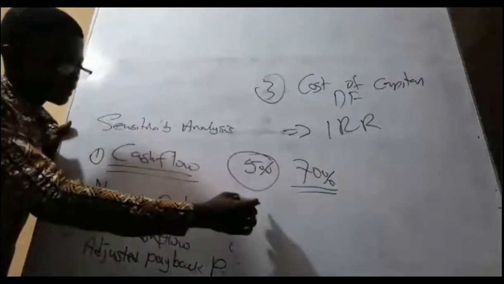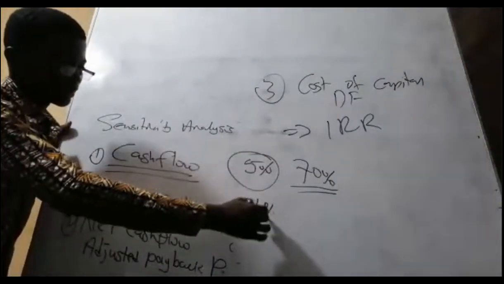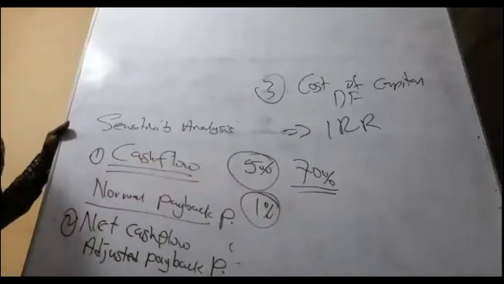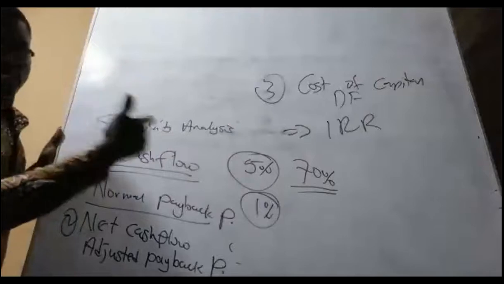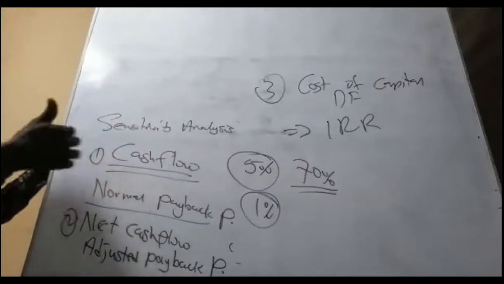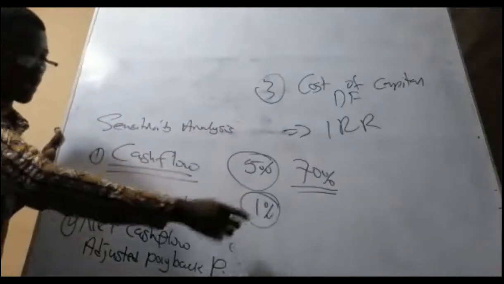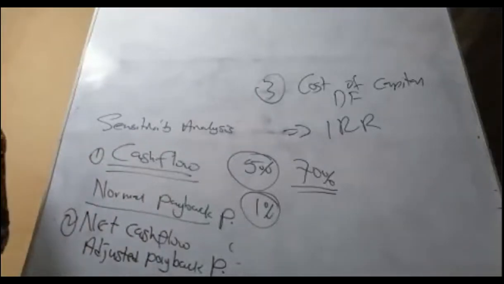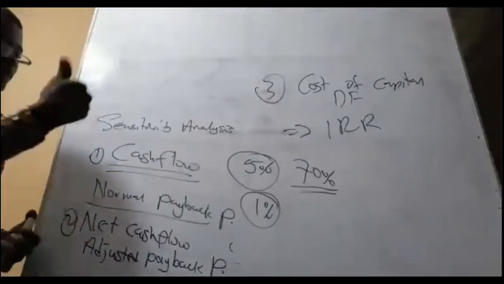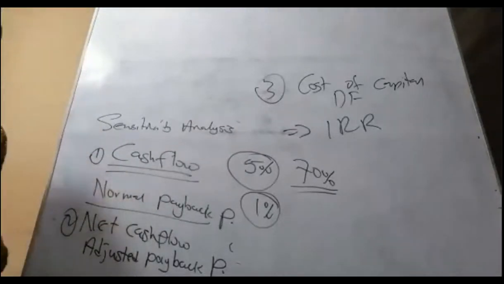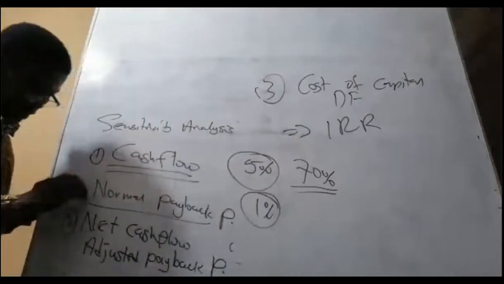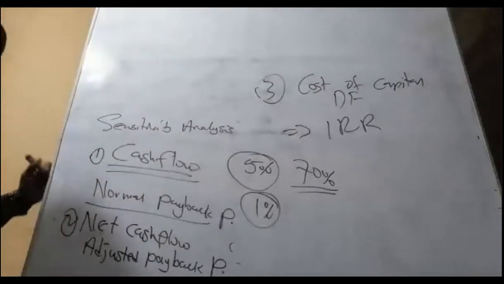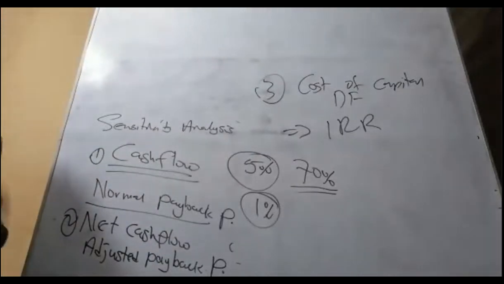If you calculate and it's, let's say, 1%, it means that item is highly sensitive. The slightest change you make will cause the NPV to change. That is the sensitivity analysis. Have you seen the interpretation? Aside from these big three that come with their own interpretation, the one with the percentage, that's how you interpret it.